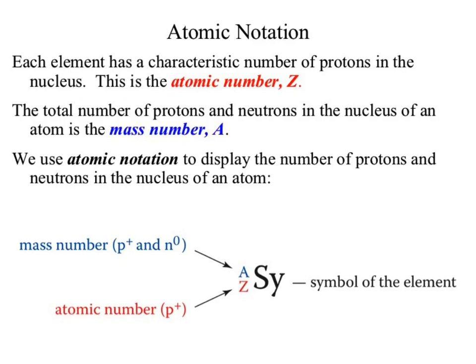Atomic notation. The textbook labels atomic notation horribly. It's not atomic notation. What it actually is, is nuclear notation. What we are labeling with what they're calling atomic notation has everything to do with only one part of the atom. What part of the atom? The nucleus. Hence, it's better called the nuclear notation.